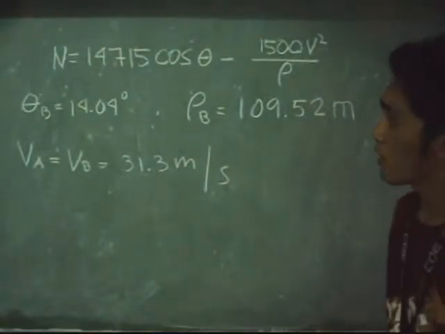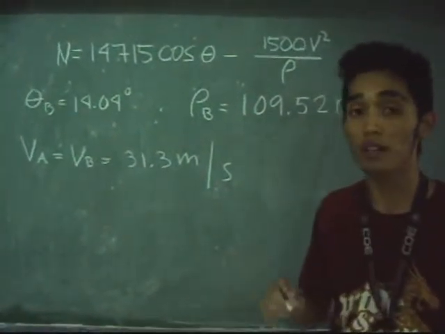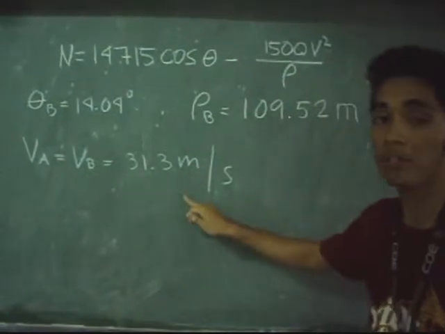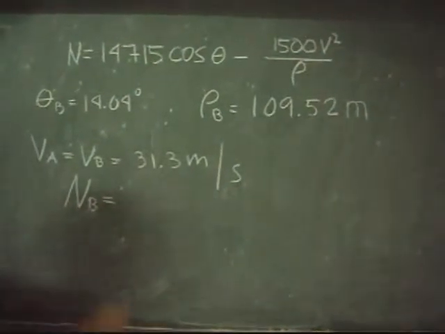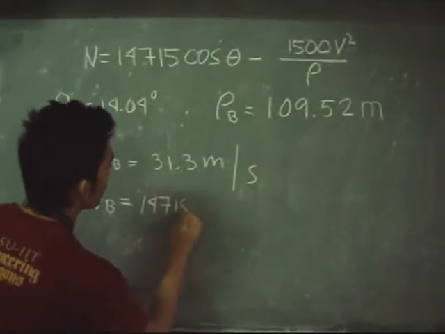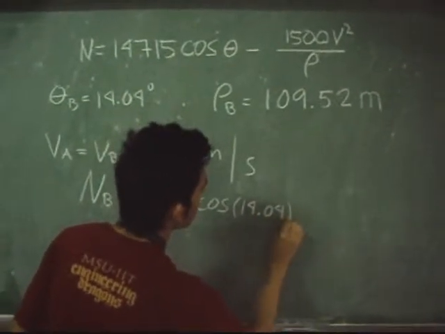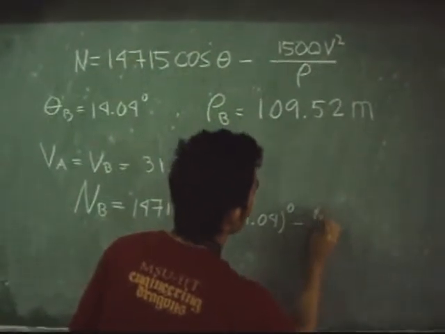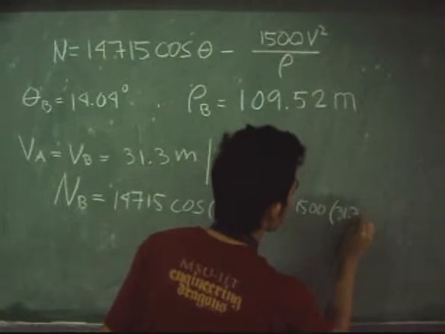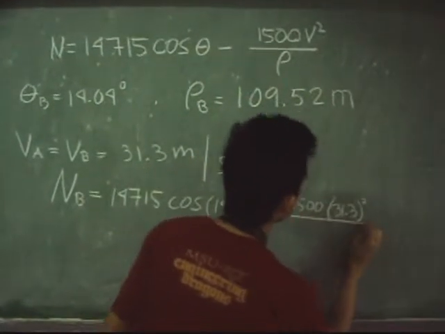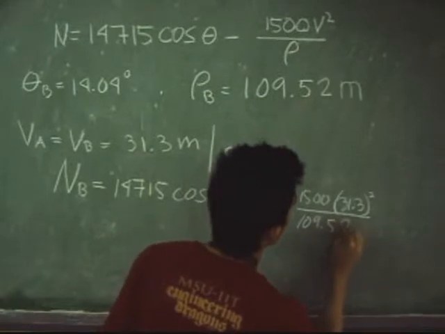Okay, so to find the normal force at point B, we use this equation and substitute these values. Since the car is moving from point A to point B at a constant speed, which is equal to 31.3 meters per second, we get N_B equal to 14,715 cosine 14.04 degrees minus 1,500 times the velocity of the car, 31.3 squared, over the radius of curvature at point B, which is 109.52 meters.